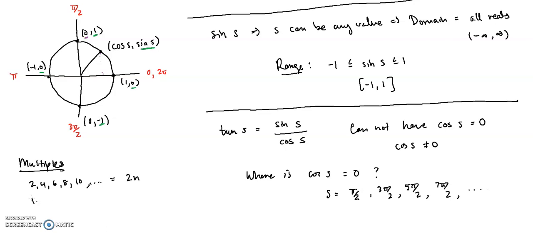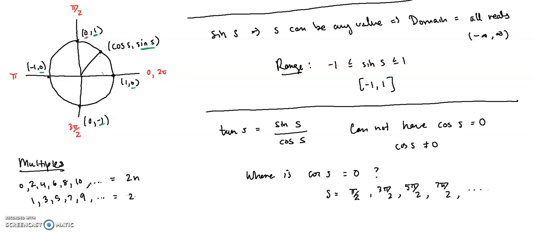Okay, if you have odd multiples, or I'm sorry, odd numbers. They're not multiples of anything, but they're the 2n multiples plus or minus 1, depending on how you want to write it. If you start this from 0, then they're plus 1.